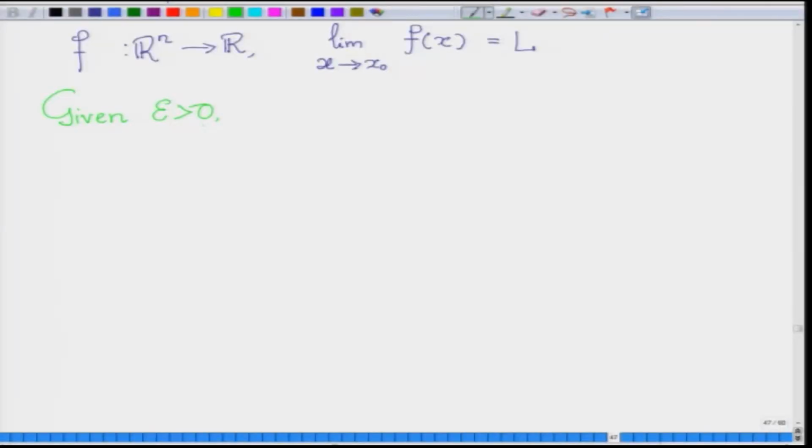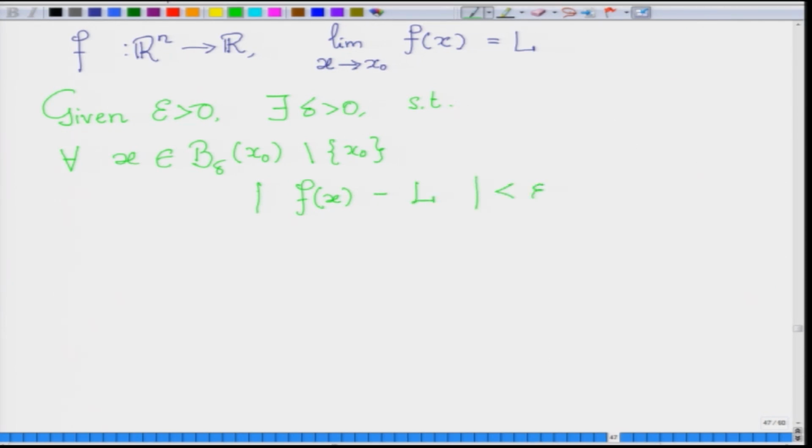Once epsilon greater than 0 is given, we can find the existence of a delta greater than 0 such that for all x an element of the open neighborhood B delta of x naught, except the point x naught, the absolute value of f x minus L is less than epsilon. Of course delta depends on epsilon. I have this fact.